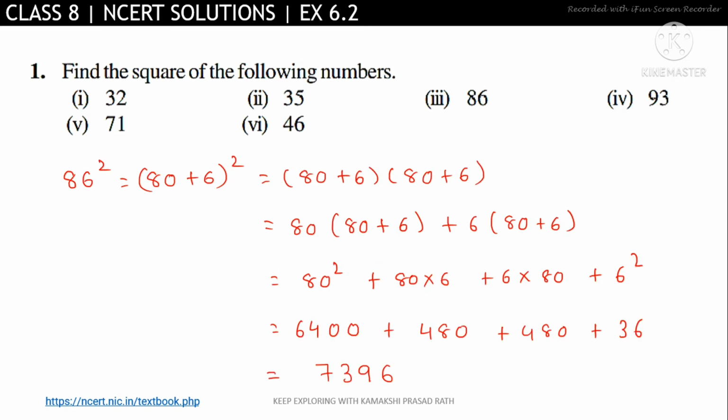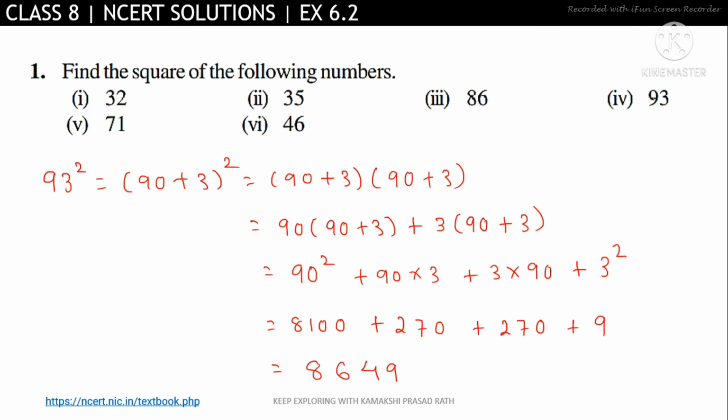In the same way, the other numbers can be easily done. We can find 86 squared by the same method, writing 86 as 80 plus 6 whole squared and multiplying them. So we get 7396, and so on. We can solve the other questions like 93, 71 and 46 with the same method.